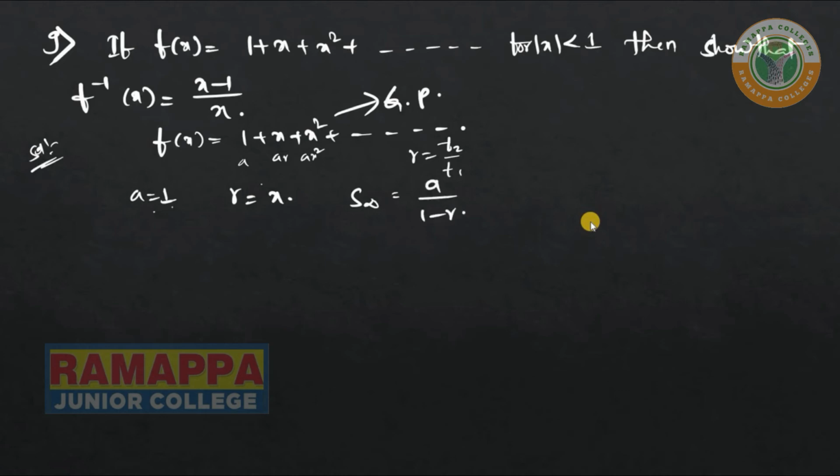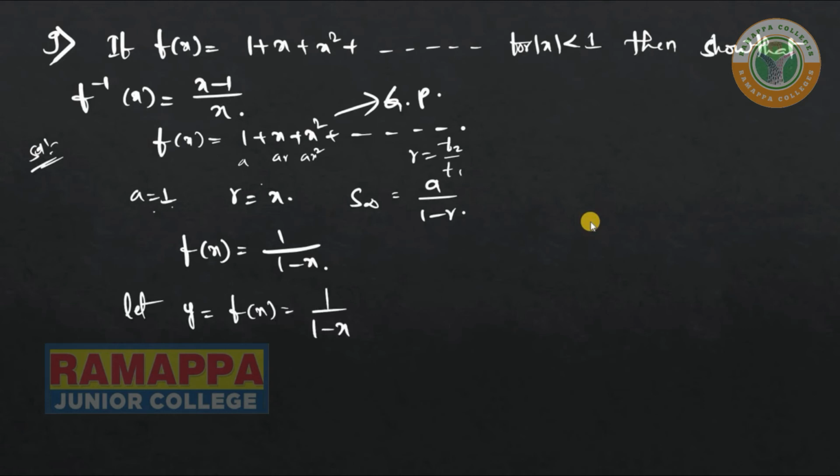So I can write f of x is equal to 1 by 1 minus x. Now let y is equal to f of x is equal to 1 by 1 minus x. He is asking us to show that f inverse of x is equal to x minus 1 by x, so that's why I am doing this. Here f of x is equal to y.